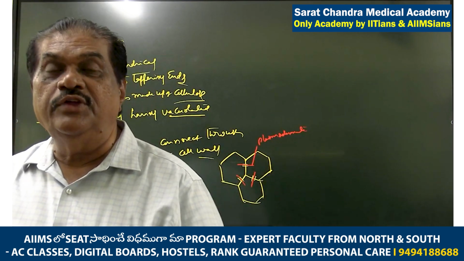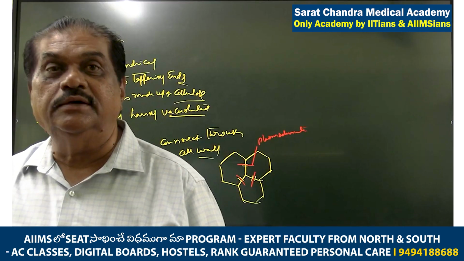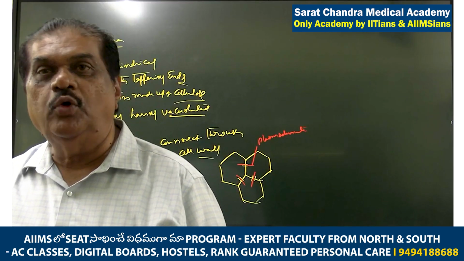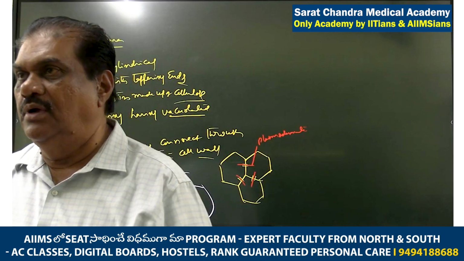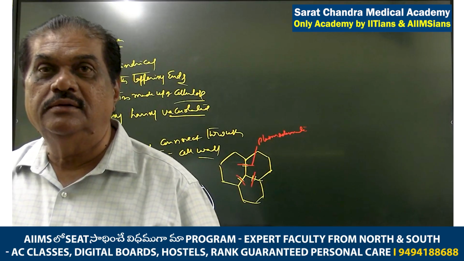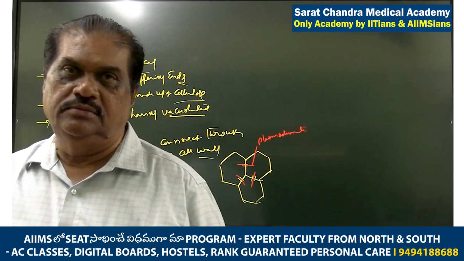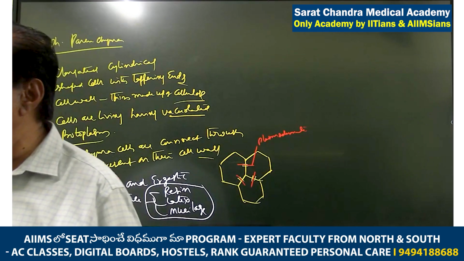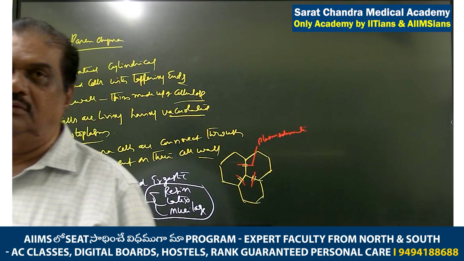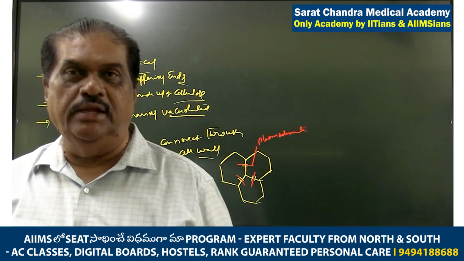When an injury occurs in sieve tube elements, what is secreted? P protein is secreted that acts as a plug and completely blocks the sieve pores of the sieve plate. In older sieve tube elements, what is secreted? Callose. Callose is a carbohydrate, not protein.